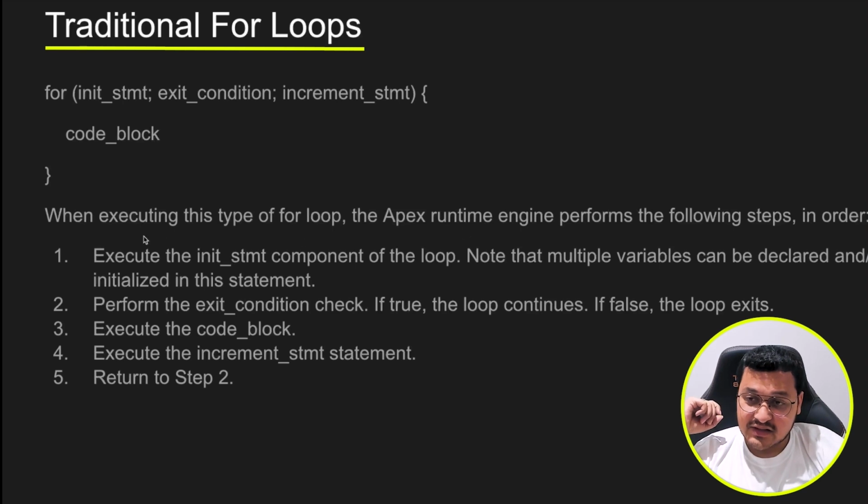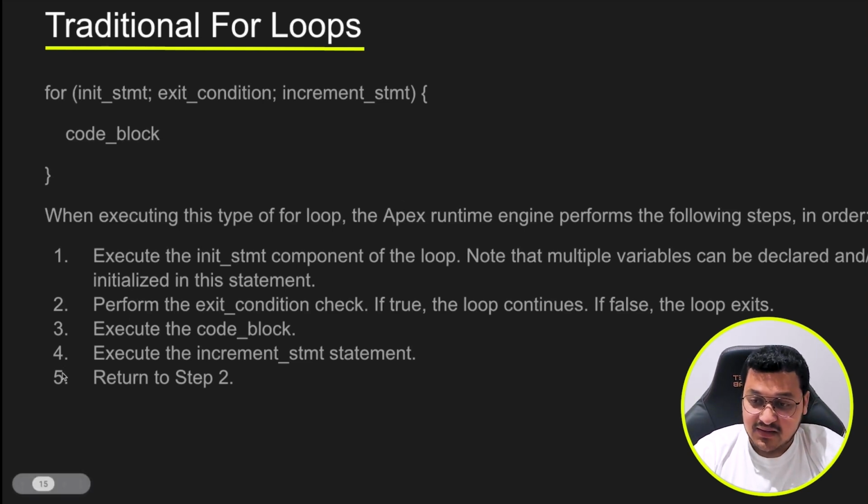Coming back to this, when executing this type of for loop, the Apex Runtime Engine performs the following steps in order. It executes the initial statement. It performs the exit condition check. If true, the loop continues. If false, the loop exits. Each time it executes the code block, then it executes the increment statement, and then it returns to step 2.